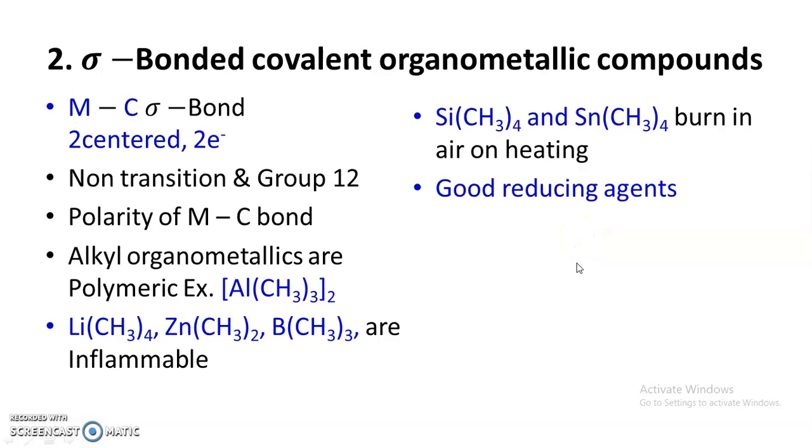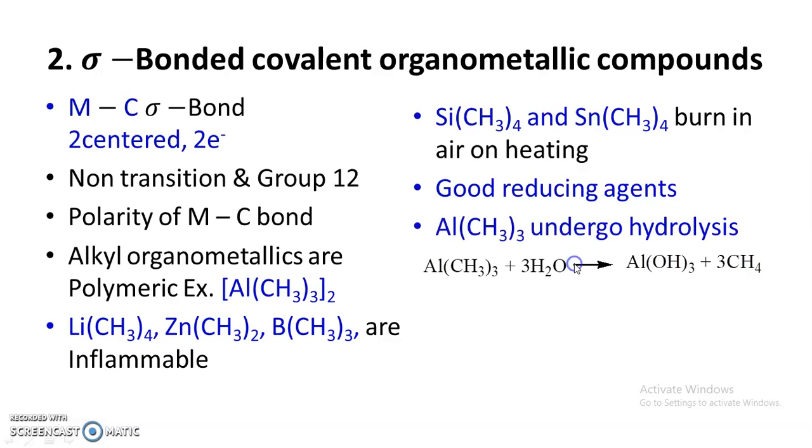These organometallic compounds are good reducing agents, and specifically trimethyl aluminum undergoes hydrolysis. When trimethyl aluminum is added to water, there is hydrolysis and formation of aluminum hydroxide with the evolution of methane.